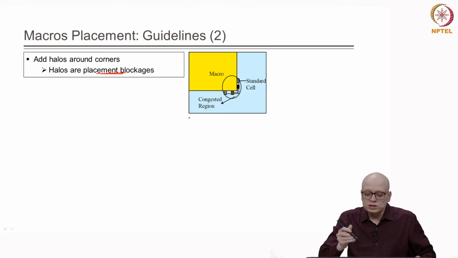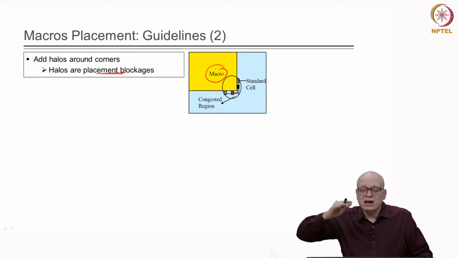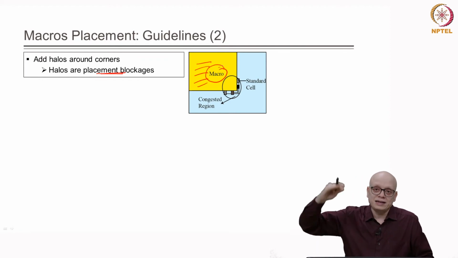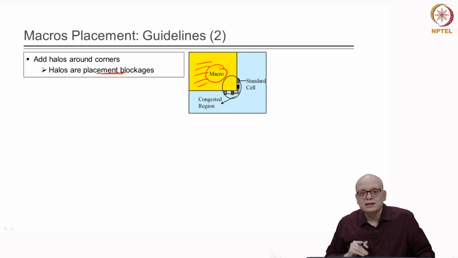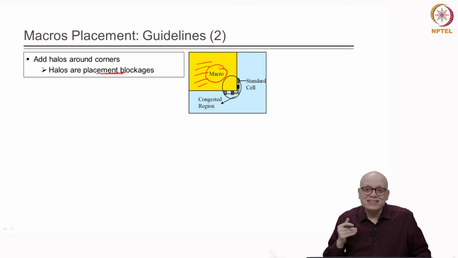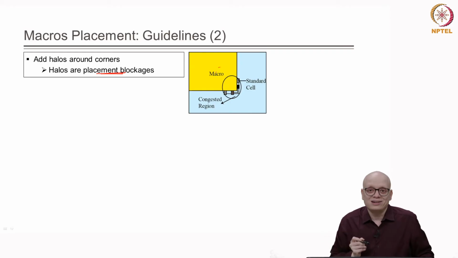All the routing resources above the macro, meaning 8 or 10 layers of interconnect, might all be used for routing, and therefore no routing resources are available over the macro.